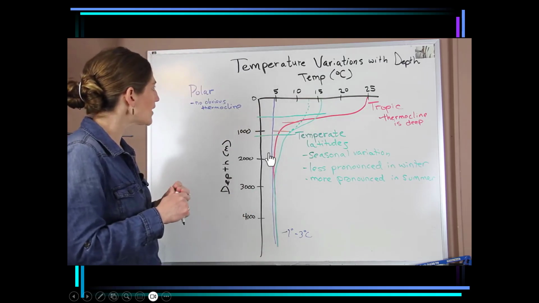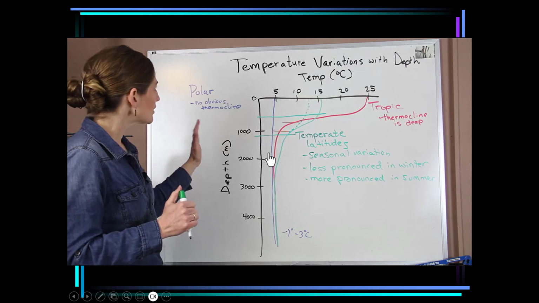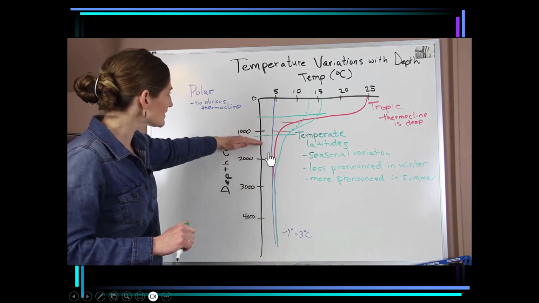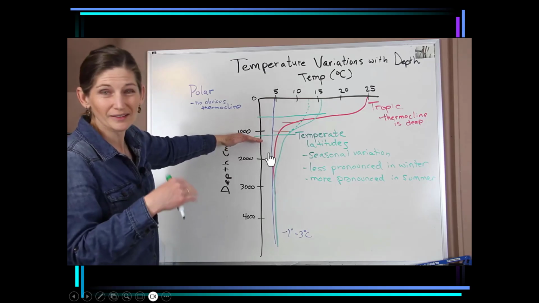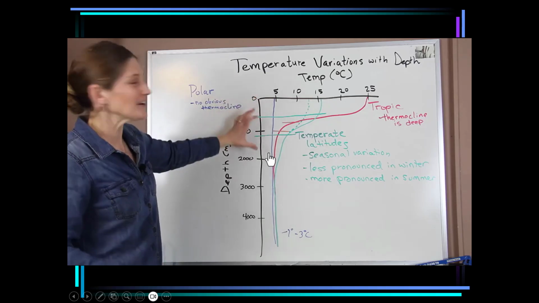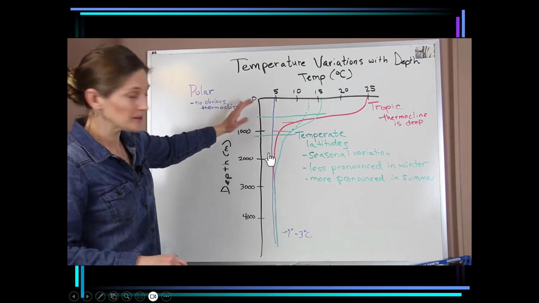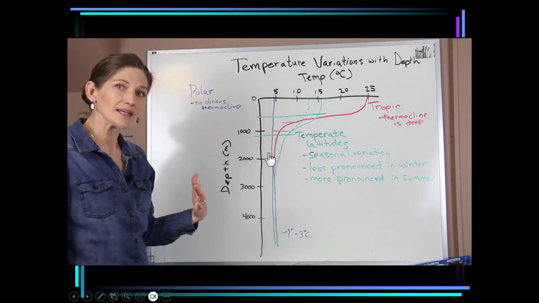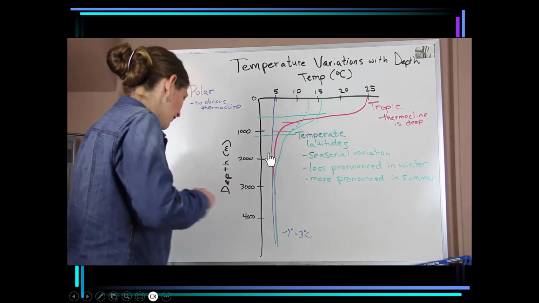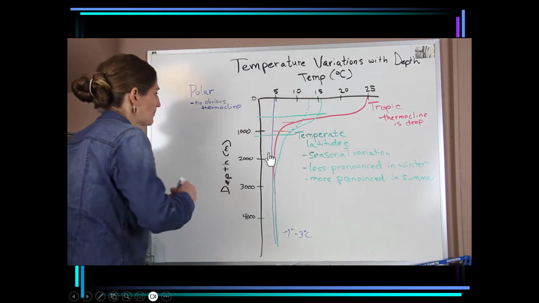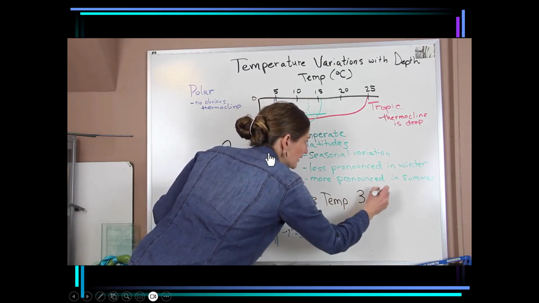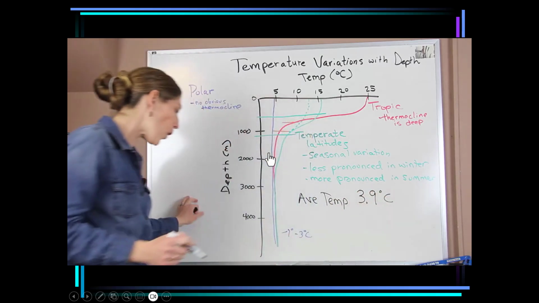So those are the three profiles. You can see that overall they all converge down to really cold, deep water. The warmest areas in our oceans aren't super deep, so most of our seawater is very, very cold. What's interesting is that the average temperature of all the ocean water is 3.9 degrees Celsius, which is cold.